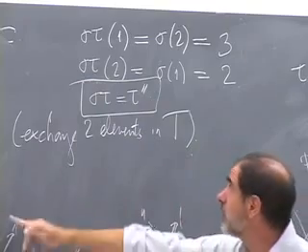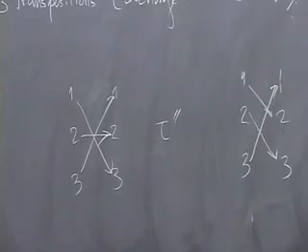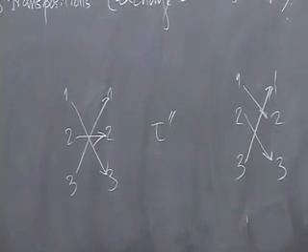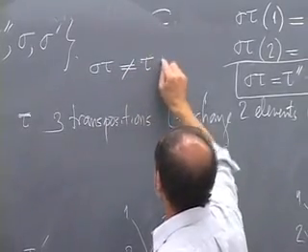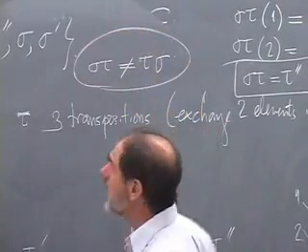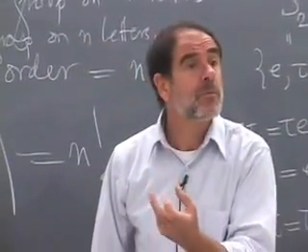Here. Fixes 2, takes 1 to 3. And therefore, sigma tau is not equal to tau sigma. So already, in this incredibly simple permutation group on 3 elements, it's non-abelian. Okay?